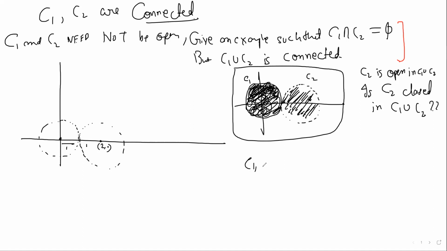Okay, what about 1 comma 0? So this is C1, a ball centered at 0 with radius 1, the unit ball.